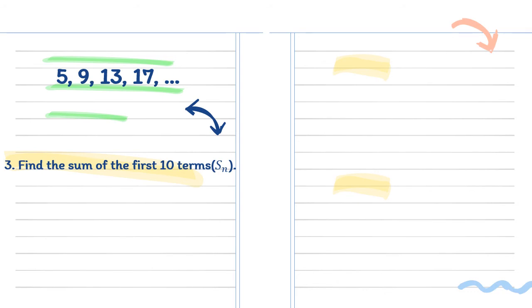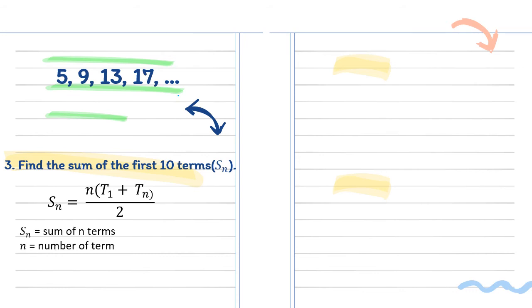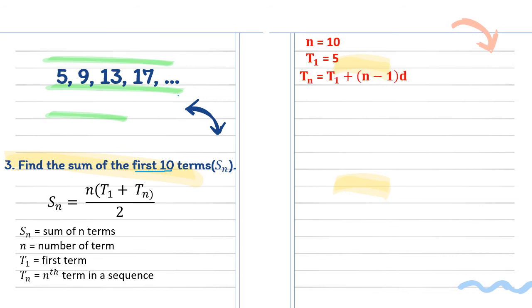Next, find the sum of the first 10 terms, or the Sₙ. The formula. So n is equal to 10 since we're finding the first 10 terms. Next, t₁ is equal to 5 since 5 is the first term. As you can see in the formula, we have tₙ.